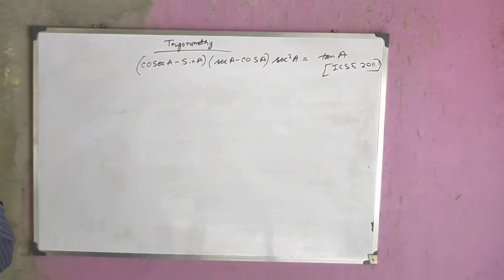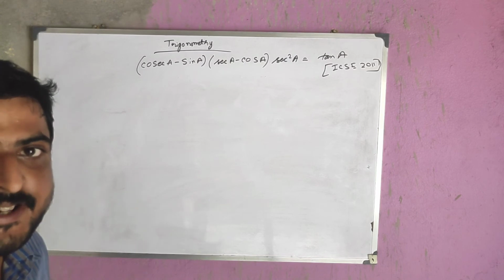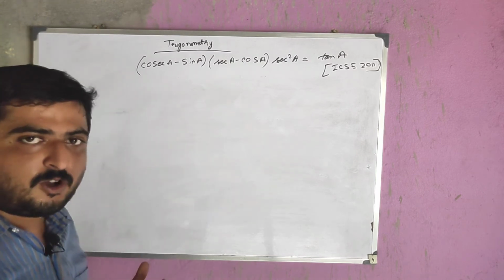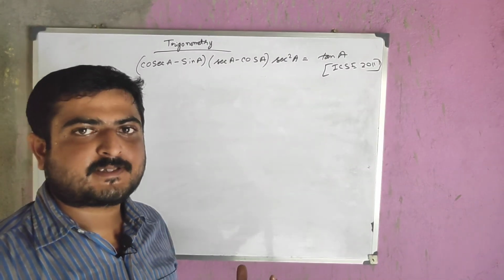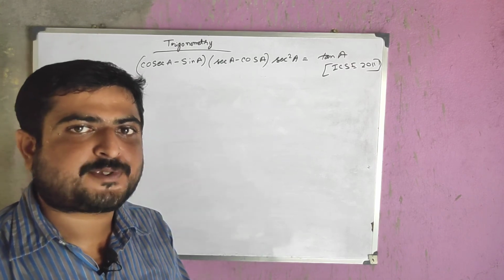This math has come in ICSE 2011. So just what I have told, that if nothing comes to your mind, break all other trigonometrical functions except sin and cos in terms of sin and cos.